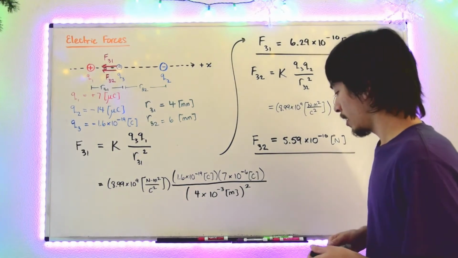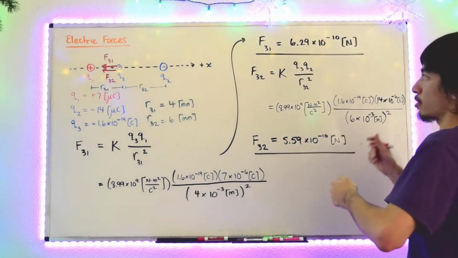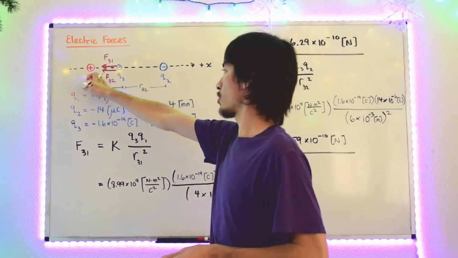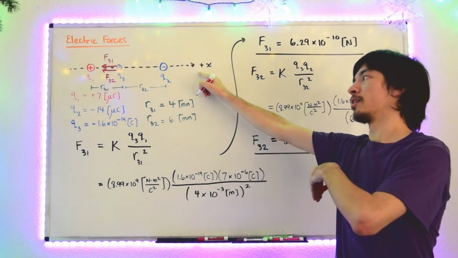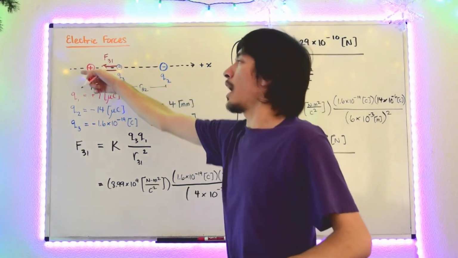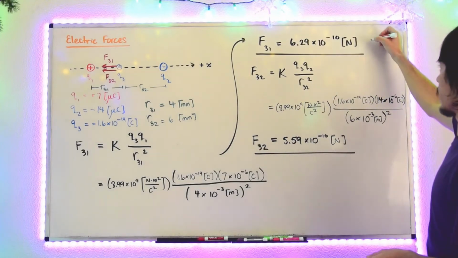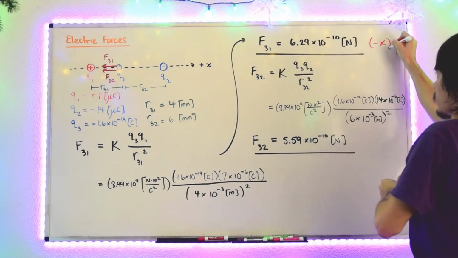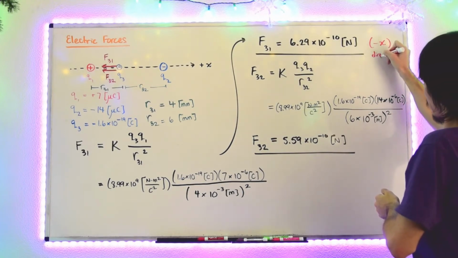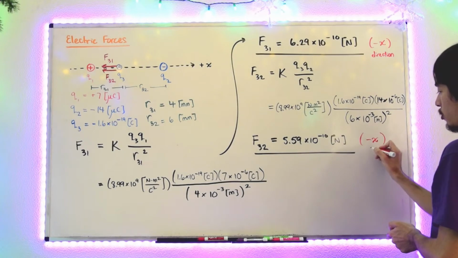Now, we should say that the answers we got in terms of the directions, well, if positive x I'm going to define to the right, then these are both pointing to the left, which means they're both pointing in the negative x direction. So whatever we got is in the minus x direction, and this is also in the minus x direction.